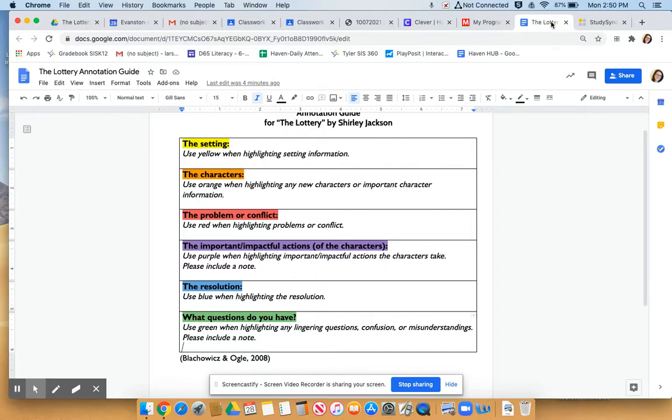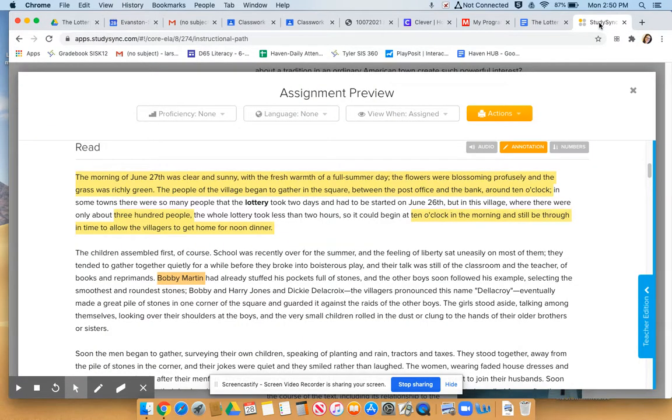Important or impactful actions of the characters? Yeah, I think this is important. We're sort of cheating and doing this on purpose. We already read this story, so we know when something's going to be important, and that's kind of a nice glimpse we have into the story. Bobby Martin had already stuffed his pockets full of stones. To me, that feels really important.